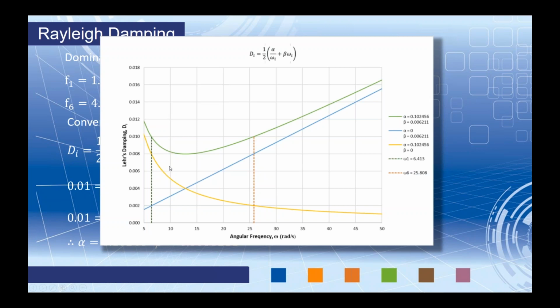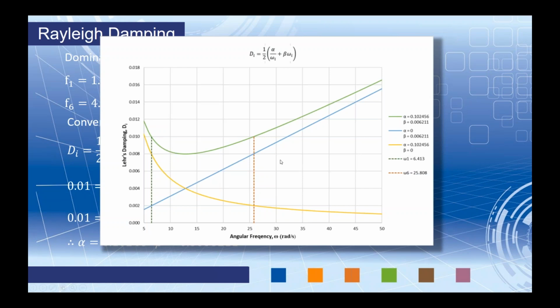So we also have the yellow line. Now, the yellow line is where I have set beta equal to 0, but my alpha coefficient is still considered. Well, the whole point of this is that mass and stiffness damping considerations affect the overall damping ratio. There's two components. That's the mass and the stiffness.